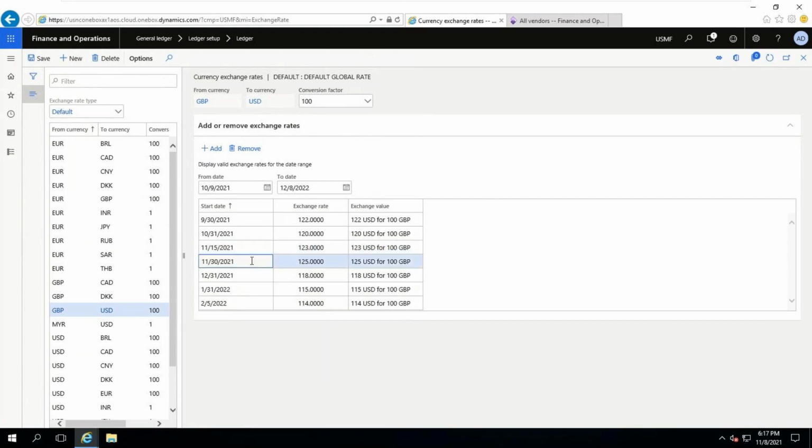Suppose today is December 1st. I am the CFO or CEO of the company, and I generate the trial balance. At that time I need to verify from the system what is happening in the exchange rates and what the value is. At that time, it will consider this 125.